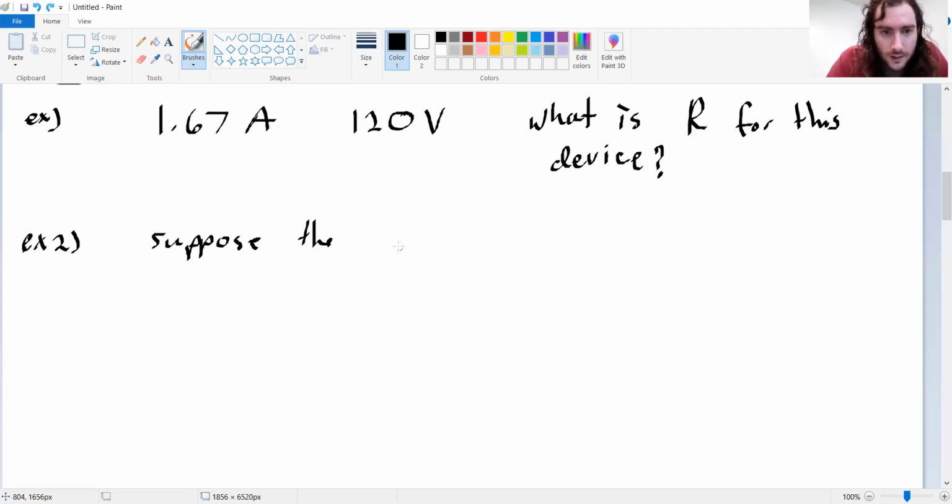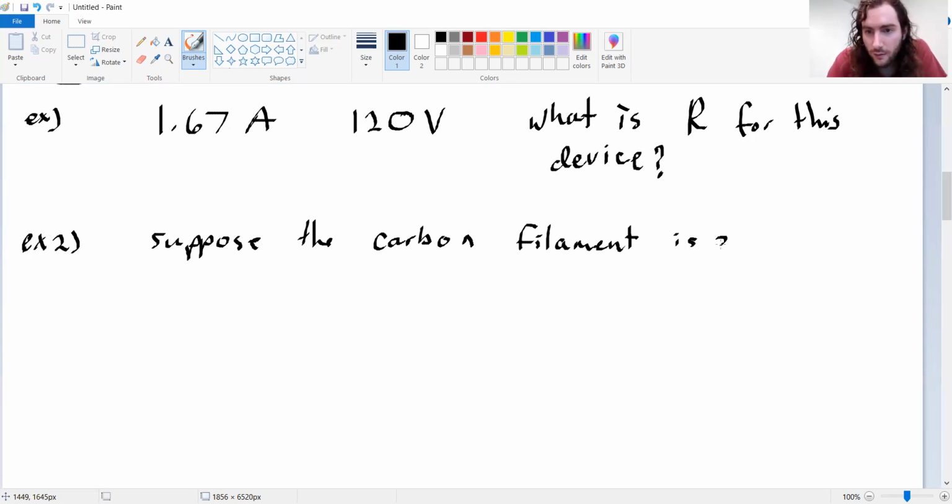So suppose the carbon filament. Actually, did I misspell filament? Let's look it up real quick. Yeah, it's with an A, so I spelled it wrong the first time. This is correct. Suppose the carbon filament is 3 millimeters long.